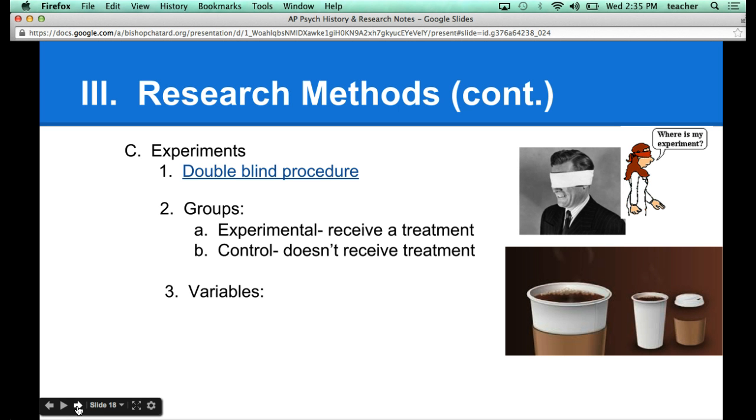Okay, so variables. This is one part that I know a lot of people get confused. Independent variable is going to be the factor that is changed. So if we're talking about the whole caffeine thing, the independent variable would be the caffeine, the amount of caffeine, because we're changing the amount of caffeine that each participant is actually consuming.